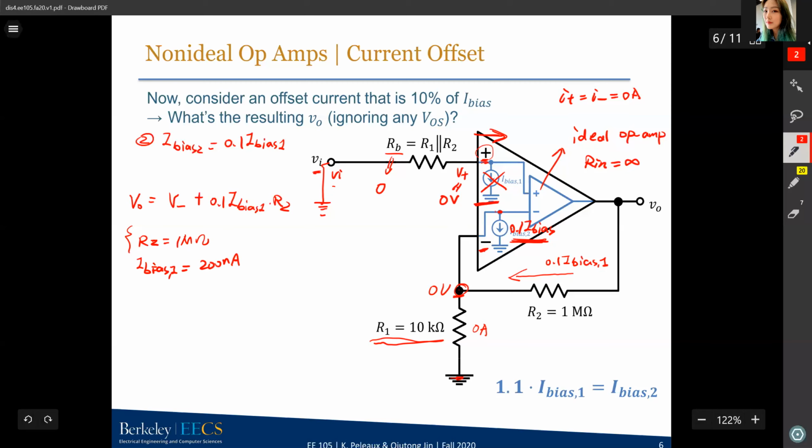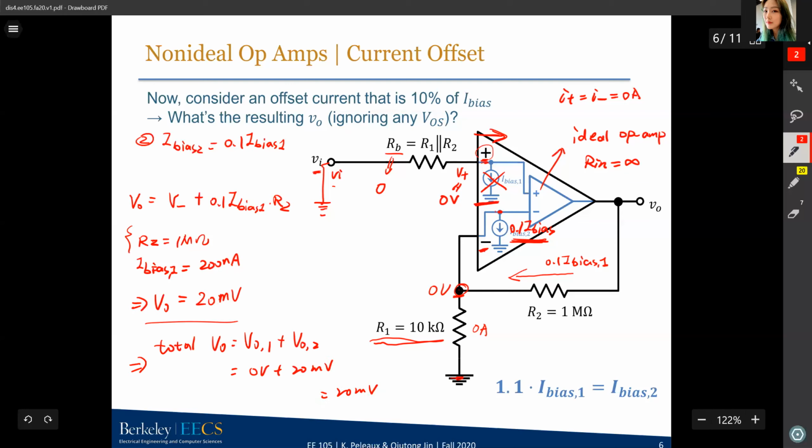So in this case, just assume the bias current is in the nanoamps range. Our final output Vout will just be 200 nanoamps times the 1 megohm, which will give me 20 millivolts. So this is the output voltage in the second case. So our total Vout will be the output voltage in the first case plus the output voltage in the second case, which is 0 volts plus 20 millivolts, giving us 20 millivolts.